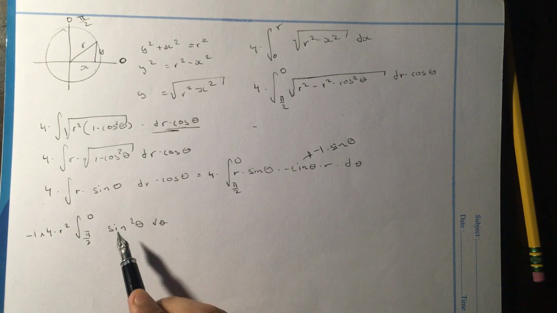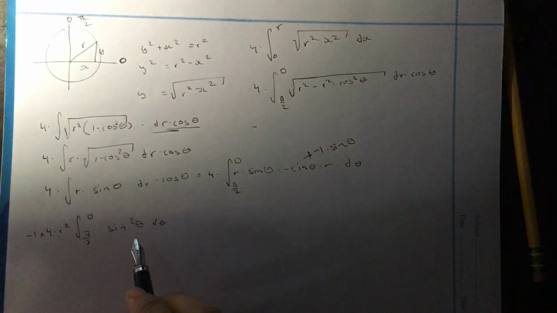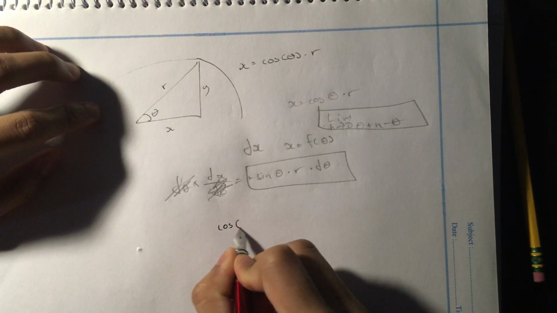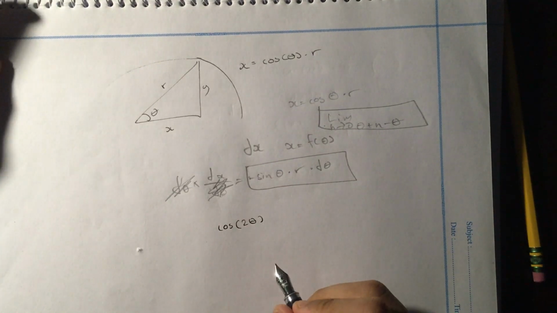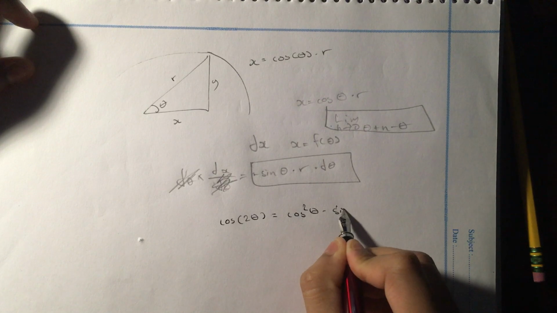So what is sine squared really equal to? Well, let's find another way to express it, because we can't just calculate sine squared with respect to theta, right? So we know that cos of two equal angles is equal to cos squared of theta subtract sine squared of theta.